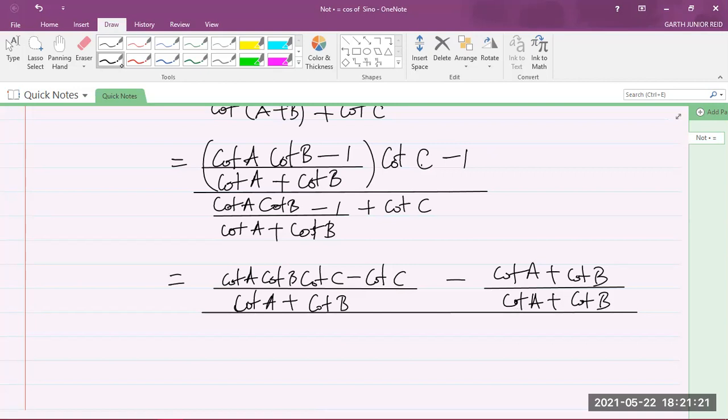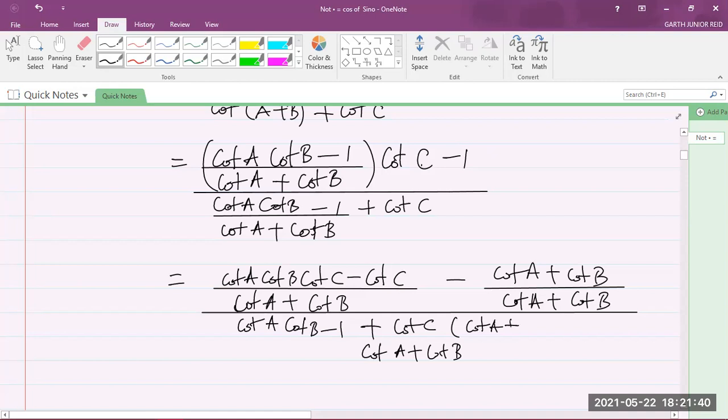What I'm going to do is to write my LCM here, which is cot A plus cot B. So in my numerator, I will get cot A times cot B minus 1 plus cot C multiplied by the cot of A plus the cot of B. So that is what we'll have in the denominator here.